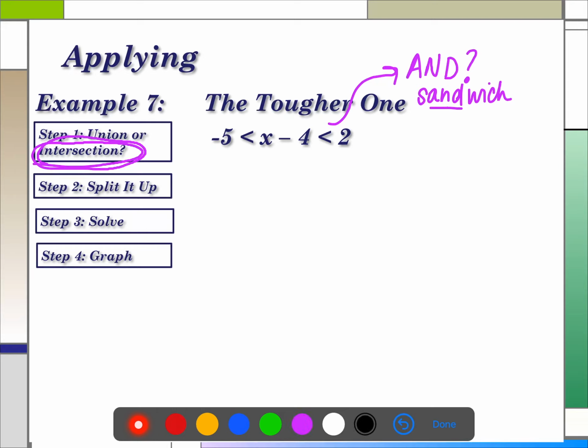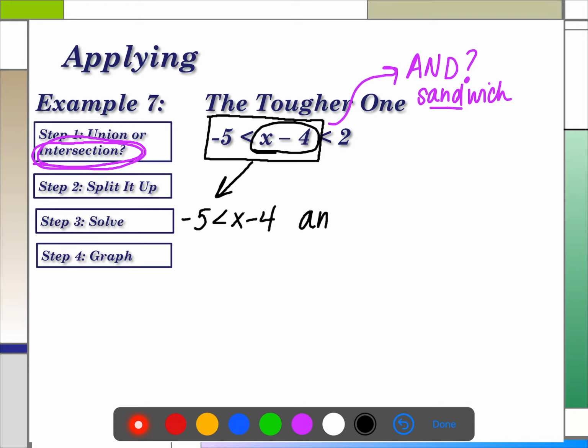So in order to solve this, we have to split it up. Okay, see how there's two inequalities? So we're going to share what is in the middle. So x minus 4, and we're going to split it up. So we're going to take everything from the middle over to the inequality symbol. So my first one is negative 5 is less than x minus 4.